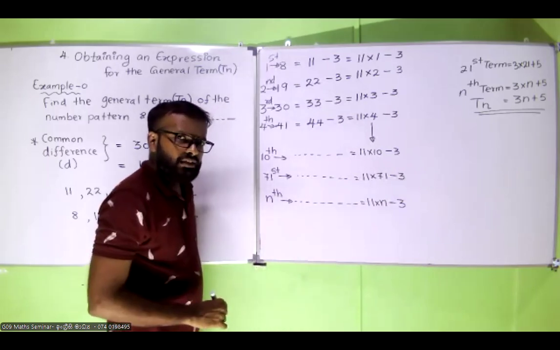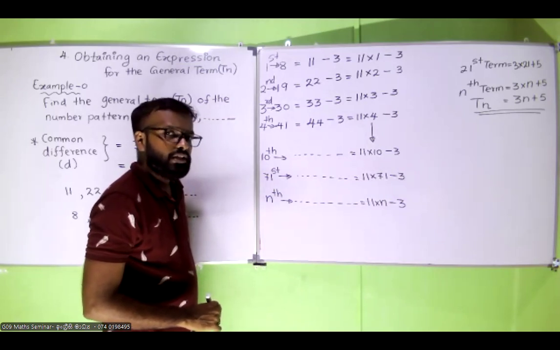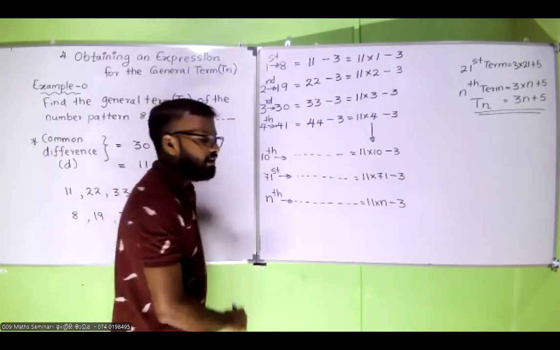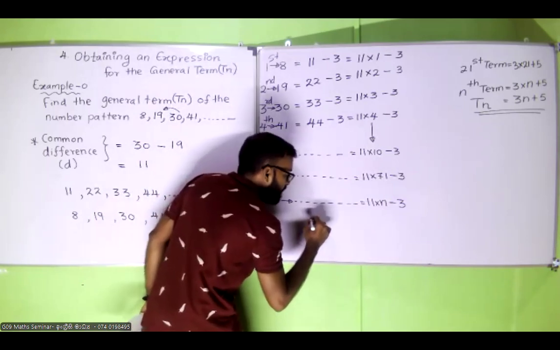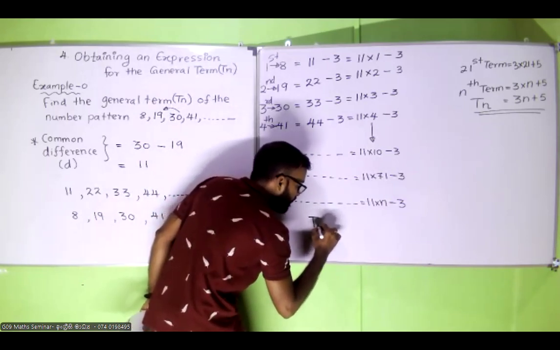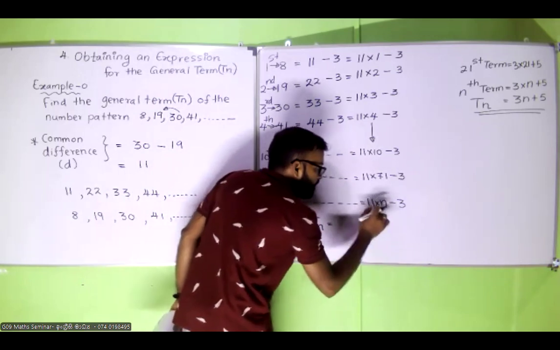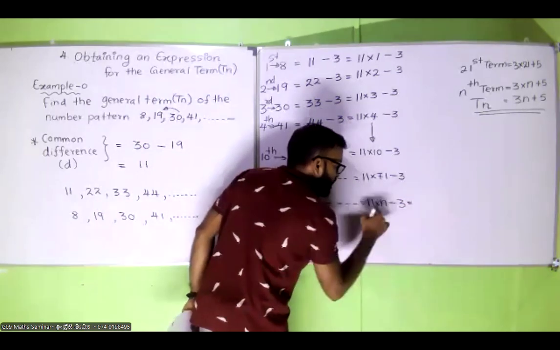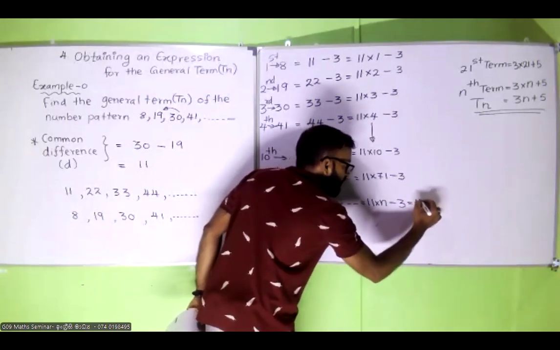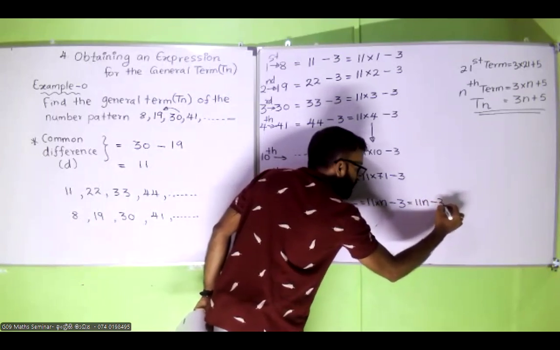What is called the nth term? What happened in the nth term? The general term, that is Tn. So you can write Tn like this, and you can simplify it. 11 times n means 11n minus 3.